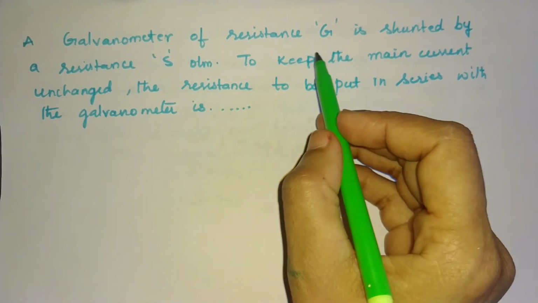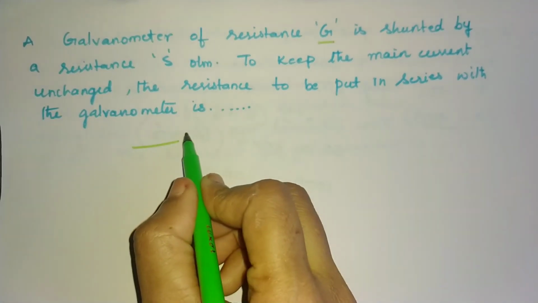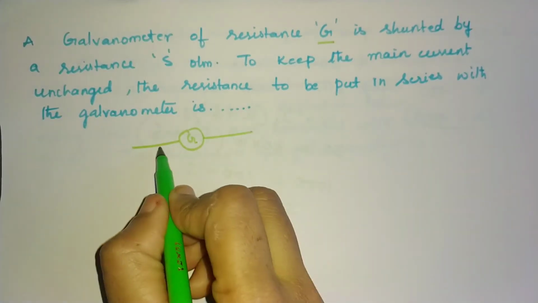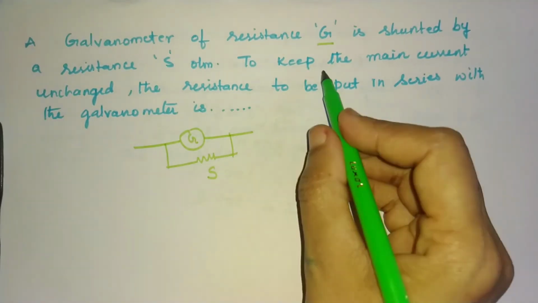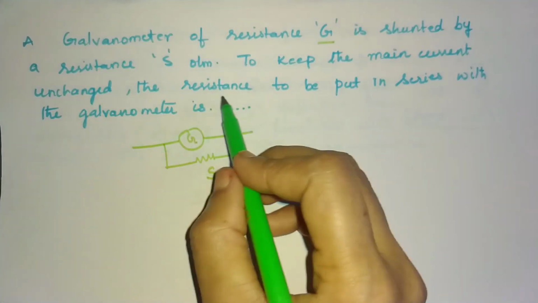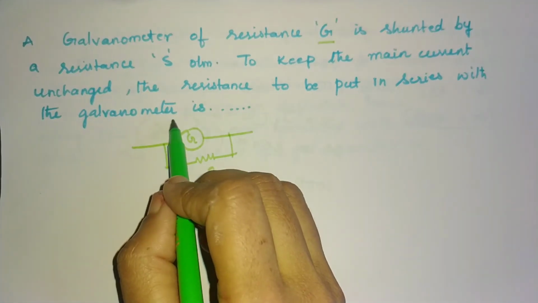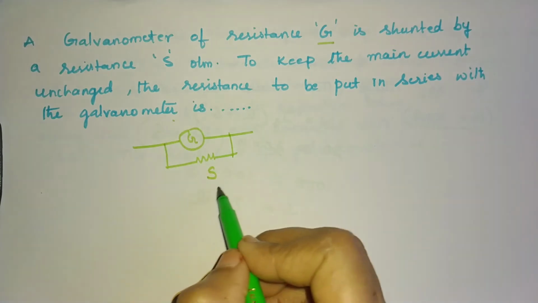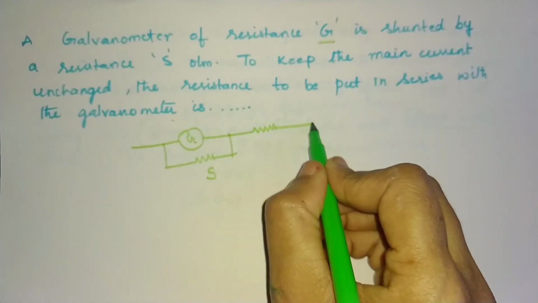So a galvanometer whose resistance is G is shunted with a resistance S. Okay, so let this be a galvanometer. We are adding a shunt resistance S. To keep the main current unchanged, the resistance to be connected in series with the galvanometer is. Okay, if this is your galvanometer after adding the shunt, they are asking you what resistance I have to add in series.